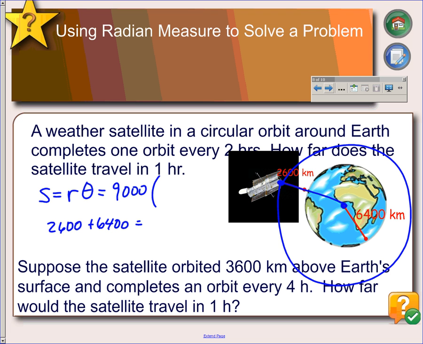And then theta has to be measured in radians. Halfway around the Earth would be pi radians. So multiplying this together, we would have 9,000 times pi, which is 28,274 kilometers.